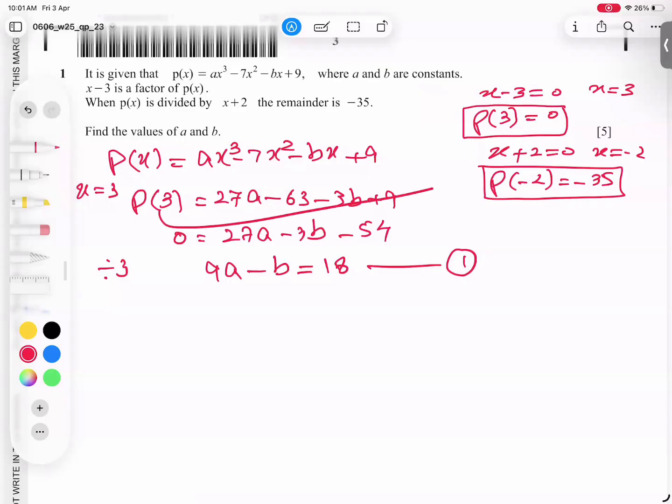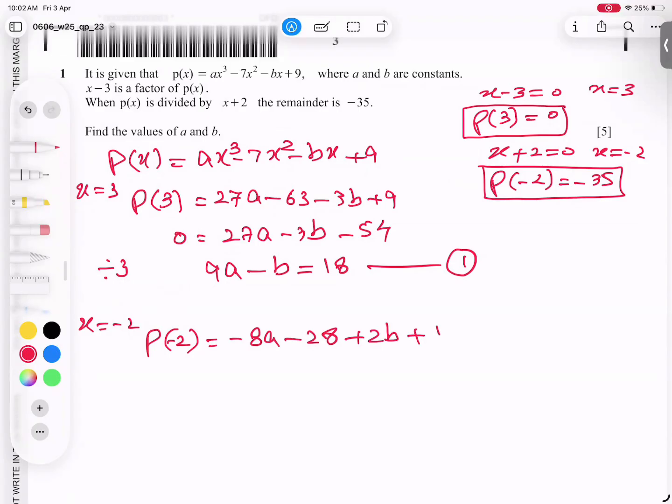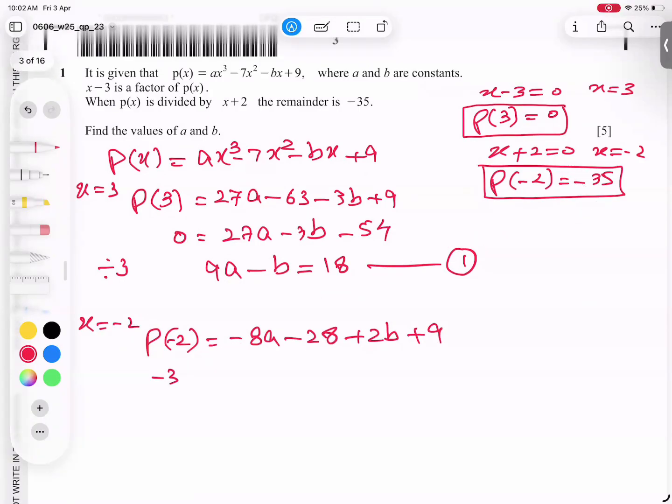Now I have done with 3, and I'm going for -2. Replace every x by -2. So on the left side, x is -2, and replacing -2 here, I got -8a. Replacing -2 here, 4 sevens are 28. Replacing -2 here, I got a positive 2b, and +9. And this is replaced by -35.